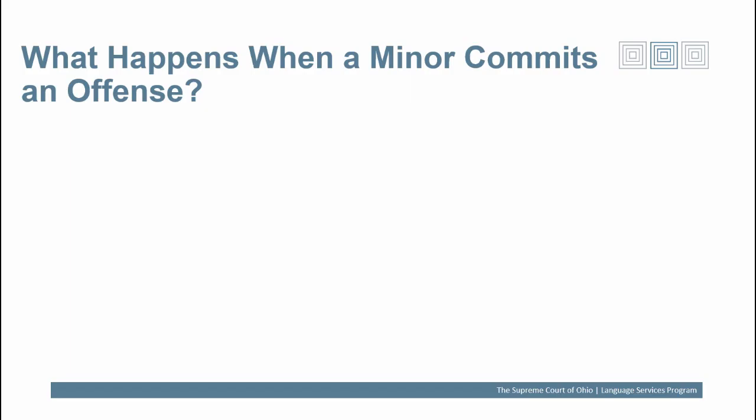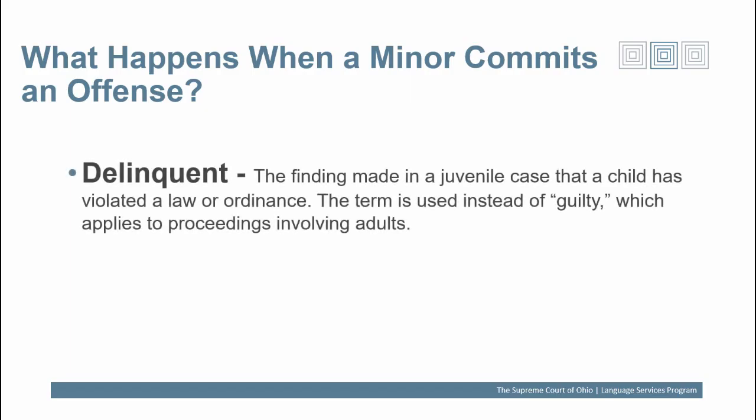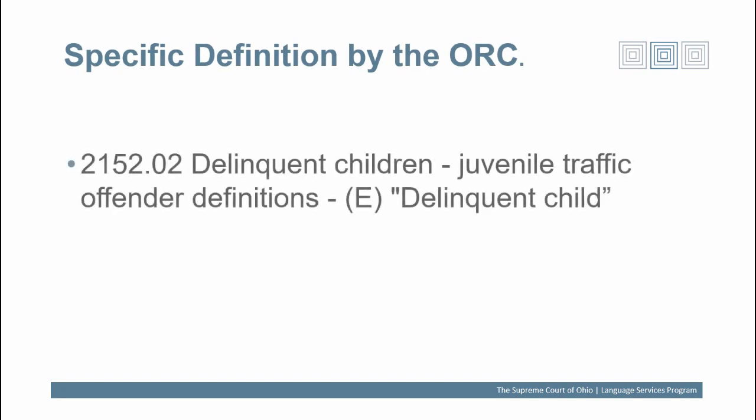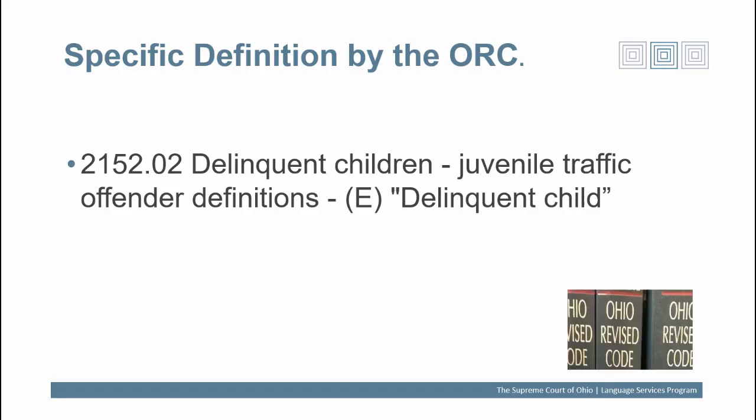The definition provided by the C&O Legal Glossary states delinquent as the finding made in a juvenile case that a child has violated a law or ordinance. The term is used instead of guilty, which applies to proceedings involving adults. However, a more comprehensive definition is provided by the Ohio Revised Code. You can go directly to the Ohio Revised Code, Section 2152.02, for the specific definitions for delinquent child.